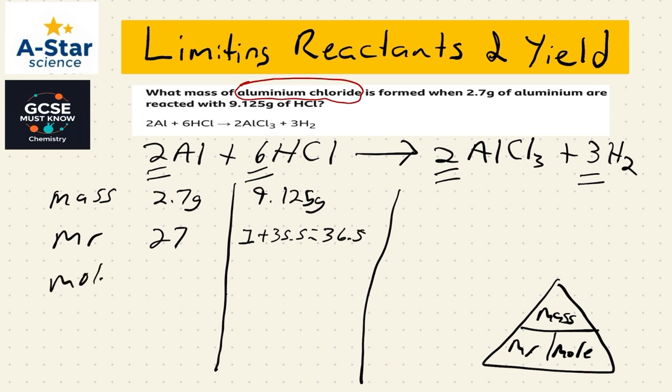Well, how many moles? Let's use our calculator to figure that one out. The first one is quite easy. 2.7 divided by 27, which is 0.1.